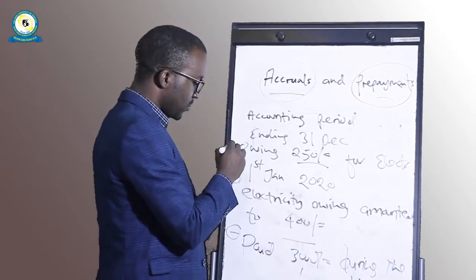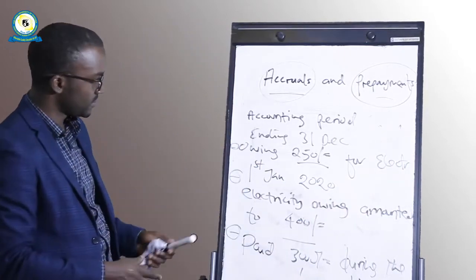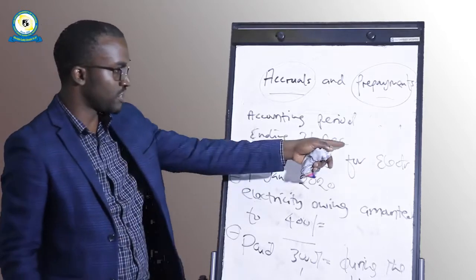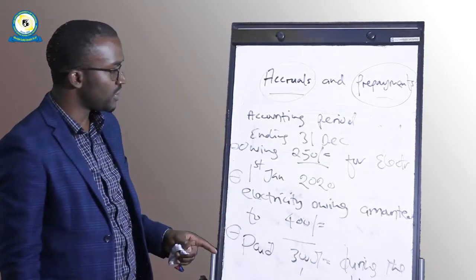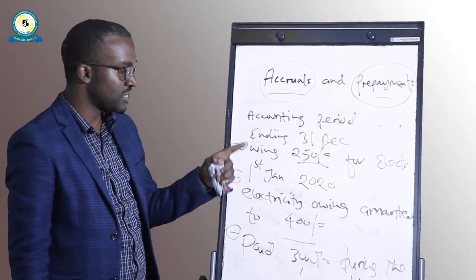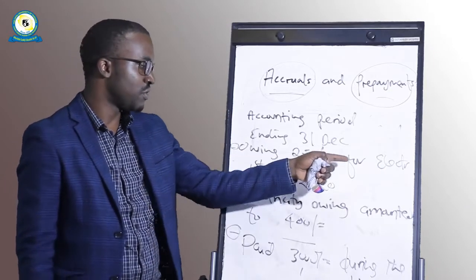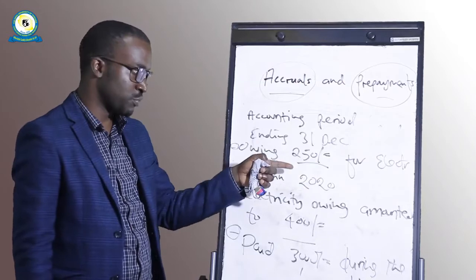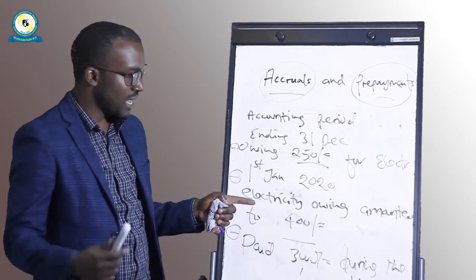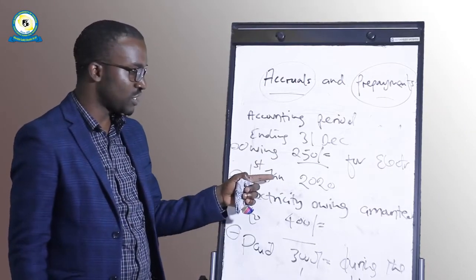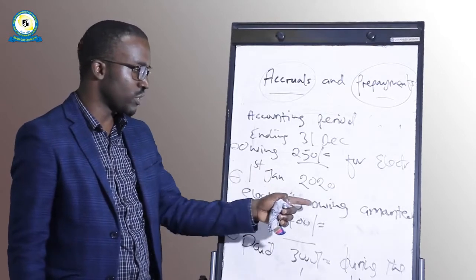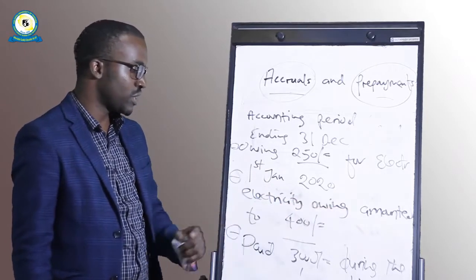So you see, we have these cases that the accounting period is ending 31st December, but at the end of the period, this business is owing an amount of 250 for electricity, so you're supposed to pay that. But again, at the start of the period, on 1st January 2020, electricity was also owing amounted to 400.